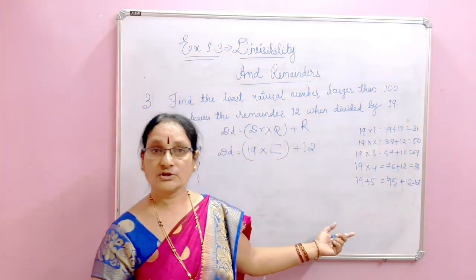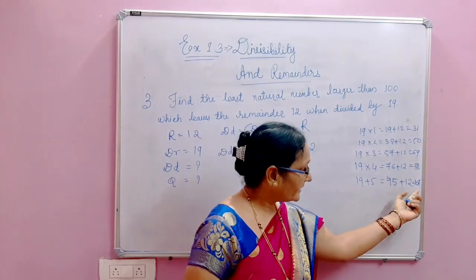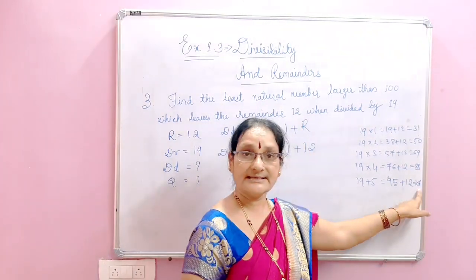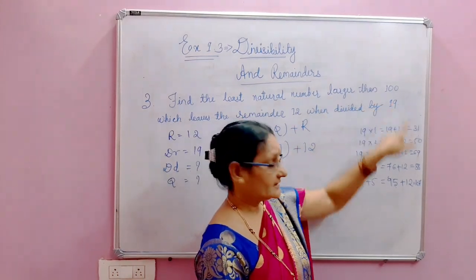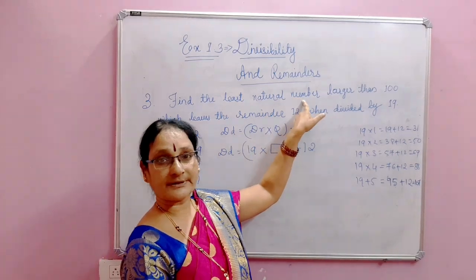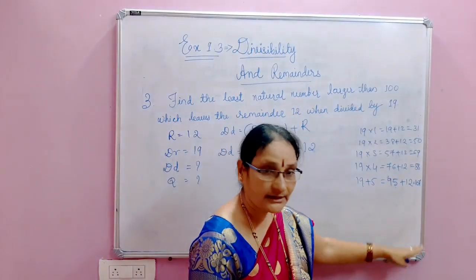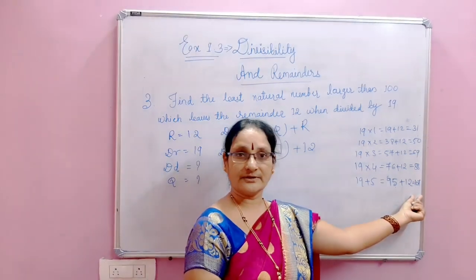See, now I can stop here. Why am I stopping? From here onwards, more than 100 is 107. I got one number which is larger than 100, and that should be the least natural number. Next I may get more than 100 only, but which is the least one? This is the least one.